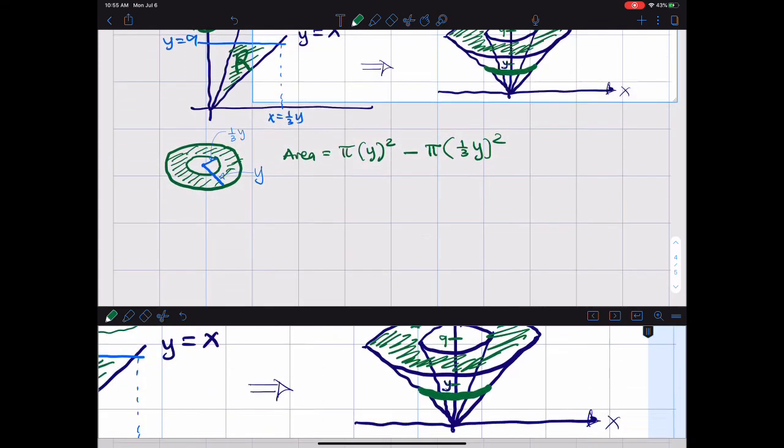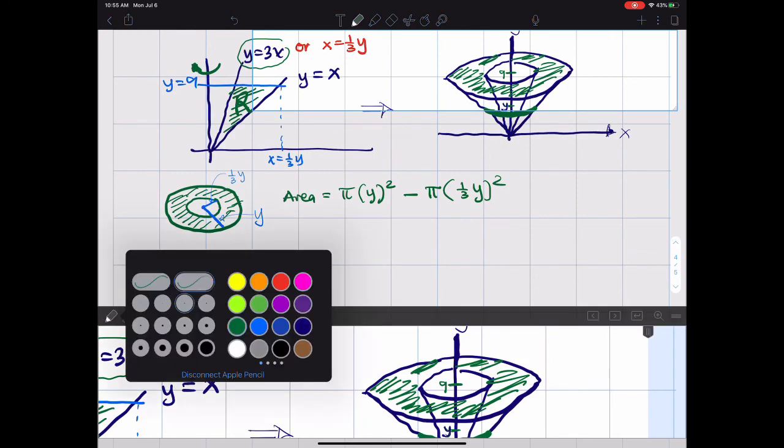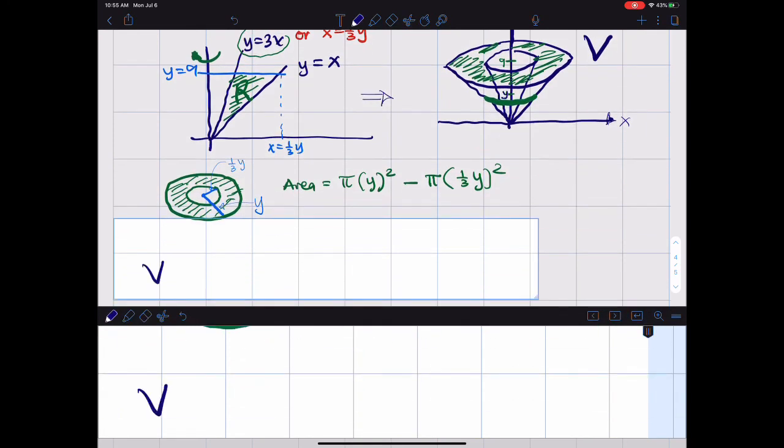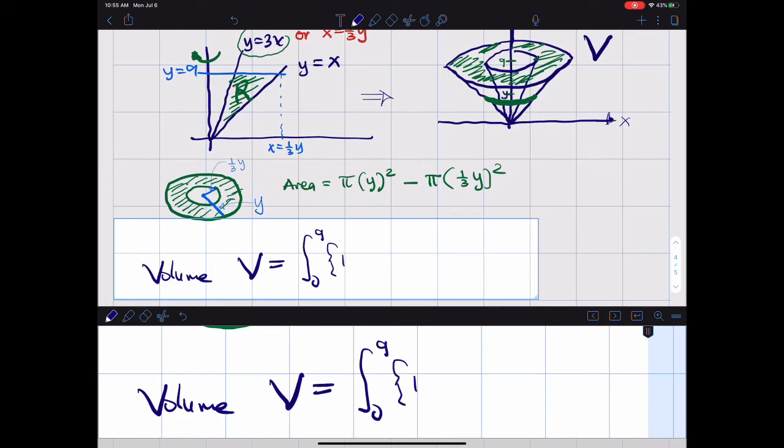All right, so we're looking for a volume. Don't forget that. This is the volume we're looking for. The volume V is now the integral from 0 to 9 of the outer area, which is pi y squared, minus the inner area, which is pi 1/9 y squared.